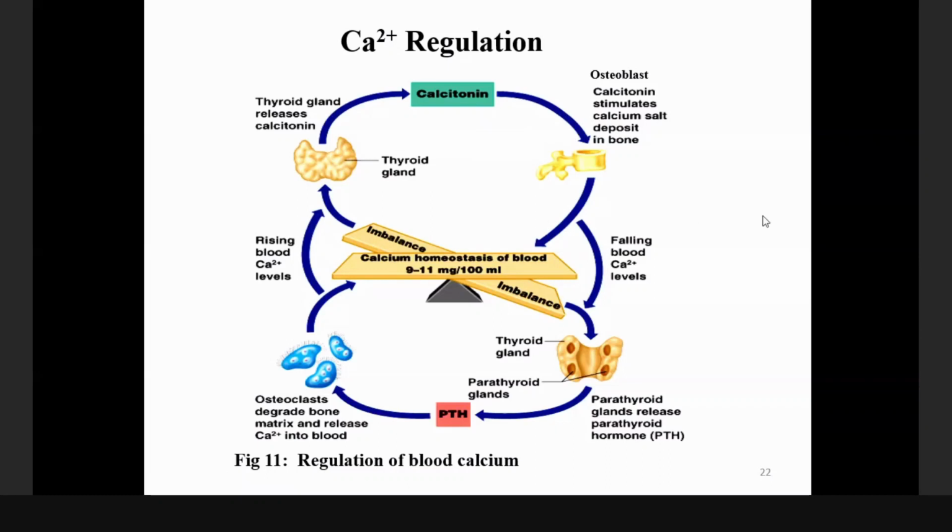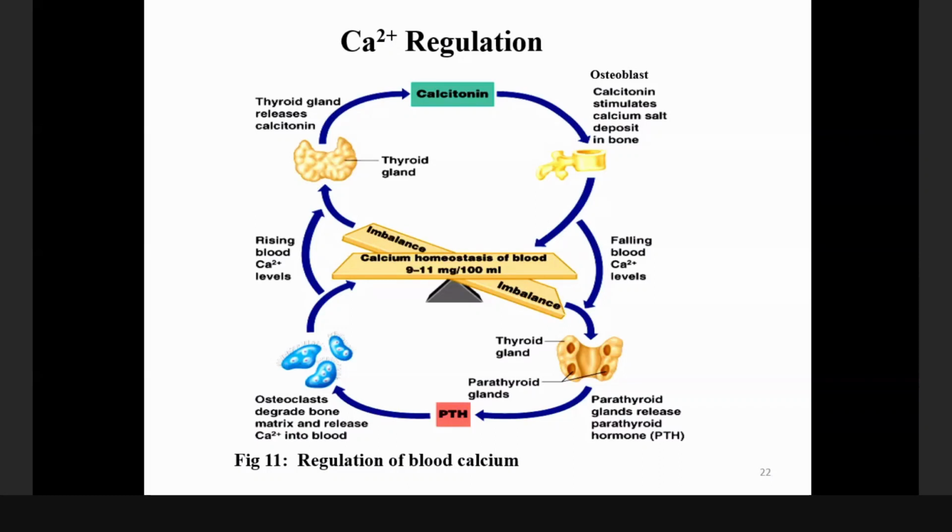Then that calcitonin activates osteoblast cells in your bone, the bone formation cells. So osteoblasts make your bone take calcium from the blood. So now calcium is going to reduce, or return back to normal.